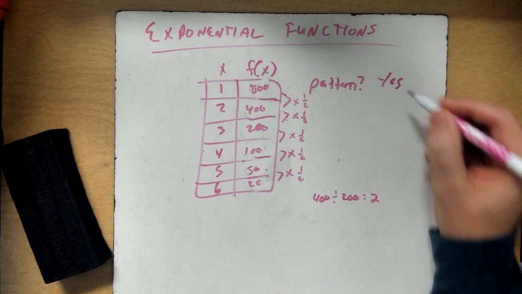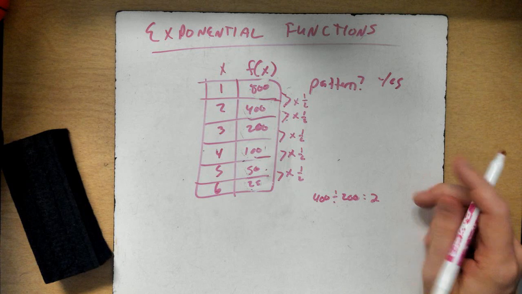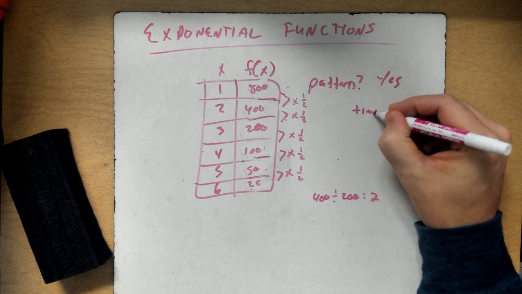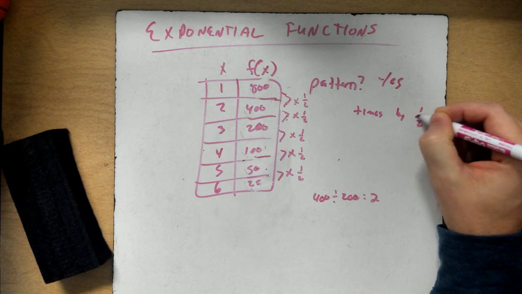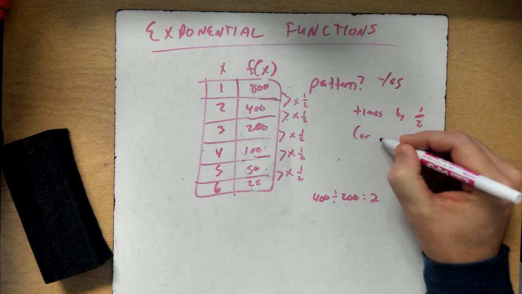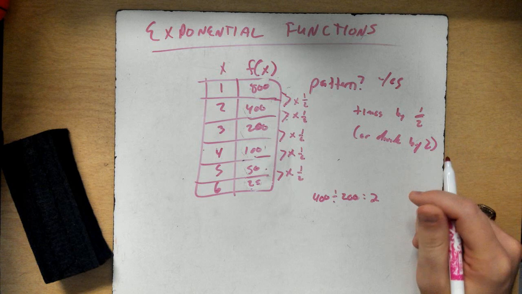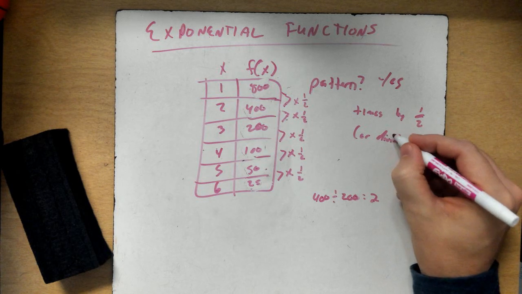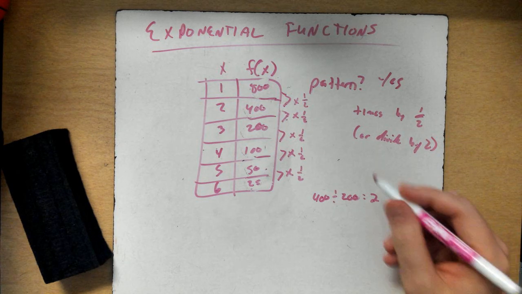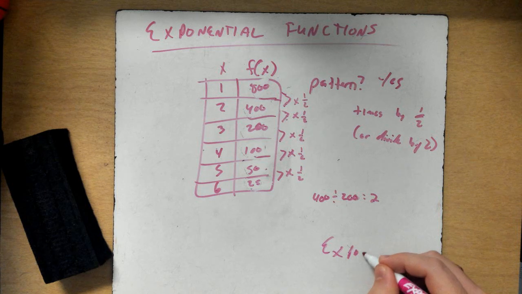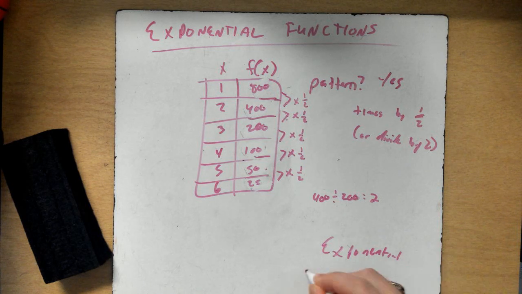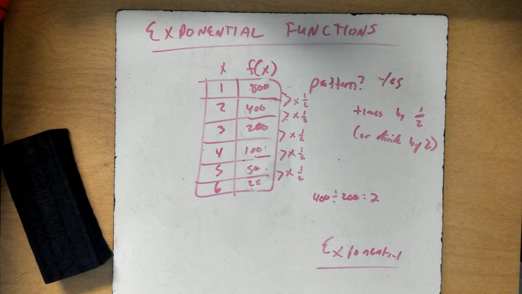So yes, there is a pattern, right? And it's times by 1/2, okay? Or you can say divide by 2. Same thing, right? Times by a half, divide by 2. So yes, this is exponential, okay?